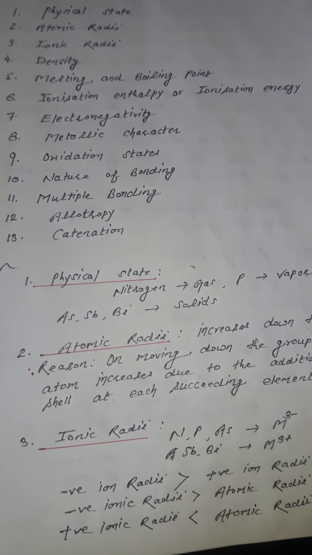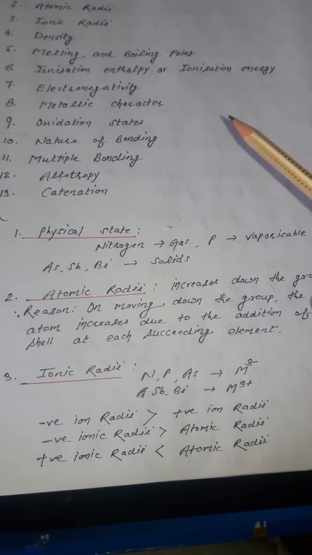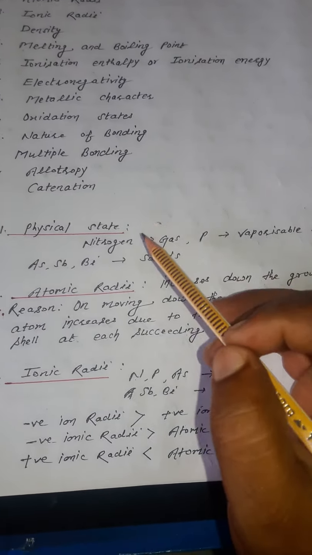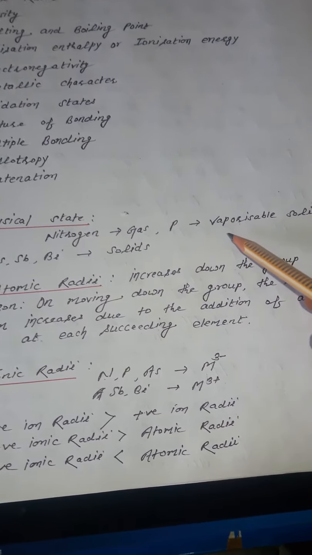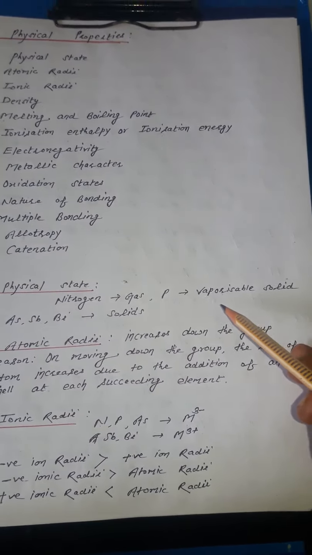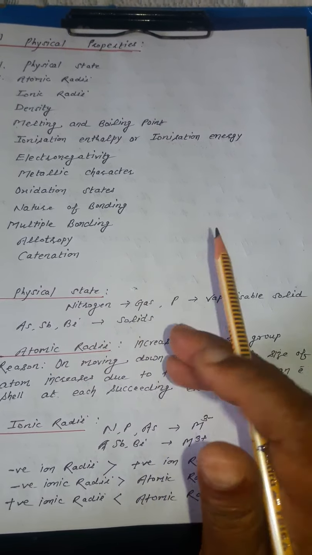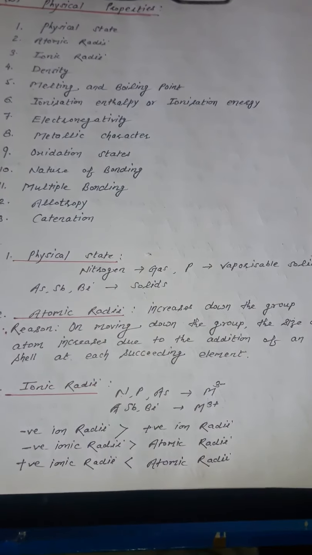First is physical state. As you know, nitrogen is mostly in gaseous form, phosphorus is a vaporizable solid, and the rest of the group 15 elements are all solids.